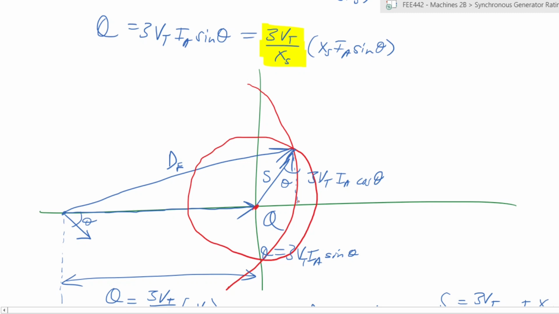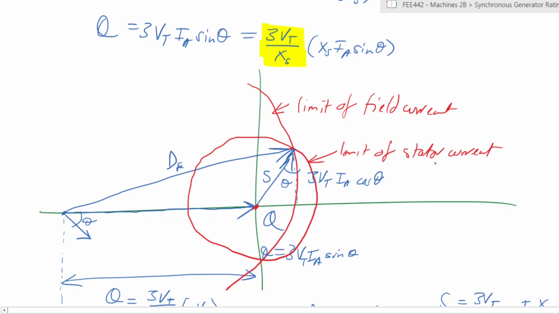So what you would notice is this locus represents the limit of field current, which we had previously indicated. And this locus represents the limit of stator current.